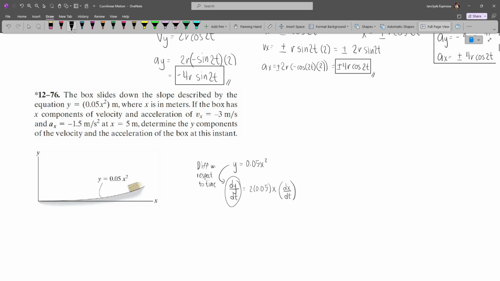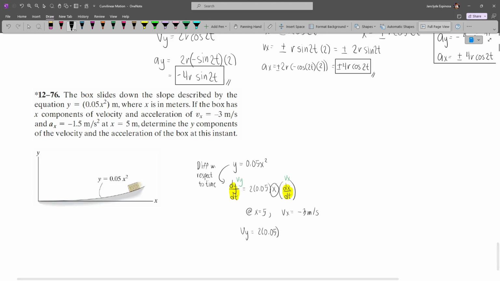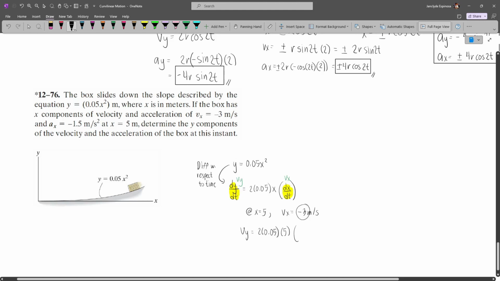And so we can now get dy over dt, because we know that at x equals 5, the velocity is vx equals negative 3 meters per second. Now this expression is just our vx, and dy over dt is simply our vy. So we can substitute these values. vy equals 2 times 0.05 multiplied by x, which is 5, and then multiplied by vx, which is minus 3.